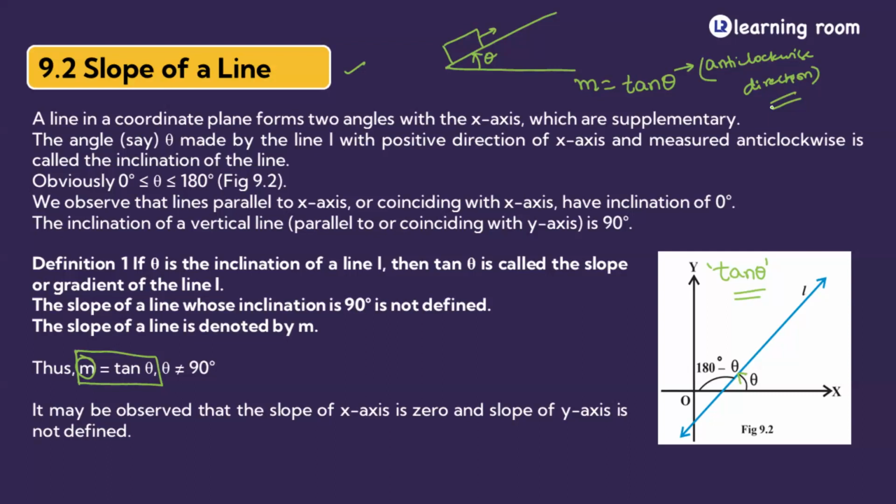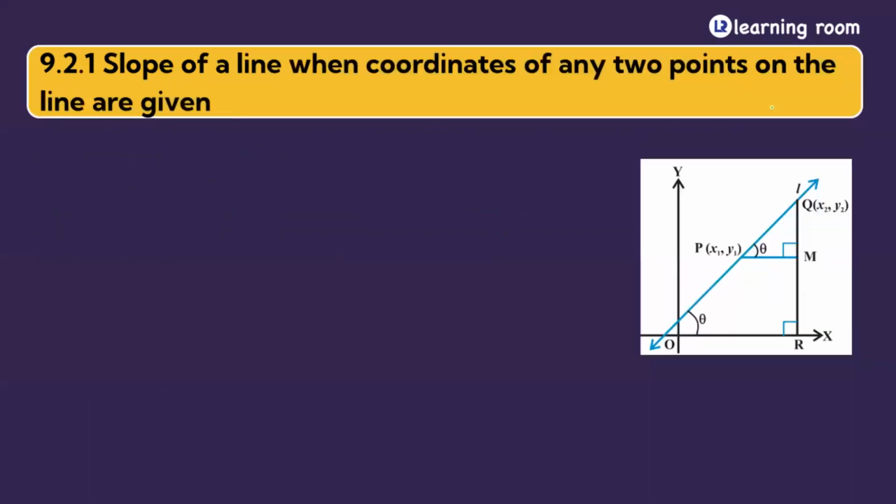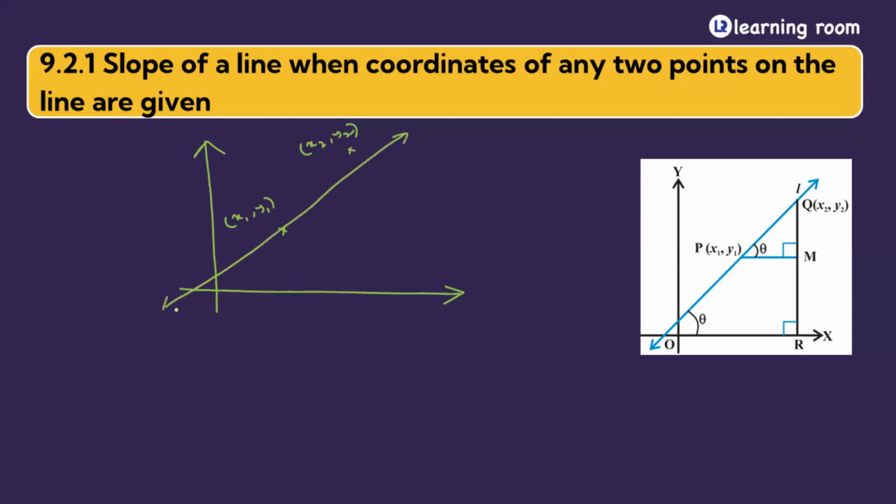Now the question is, how will I take that concept and apply it to the coordinates of the point? Okay. See, suppose there is a line that is joining 2 points. So let me call the points as x1, y1, and let me call the other point as x2, y2. Let's say this line is passing in this way.